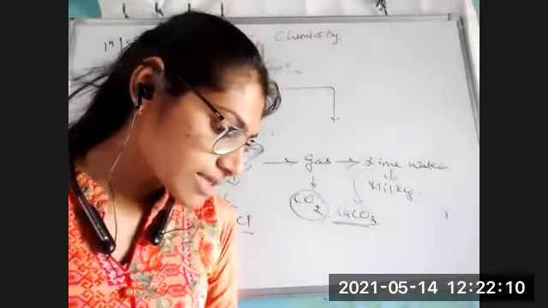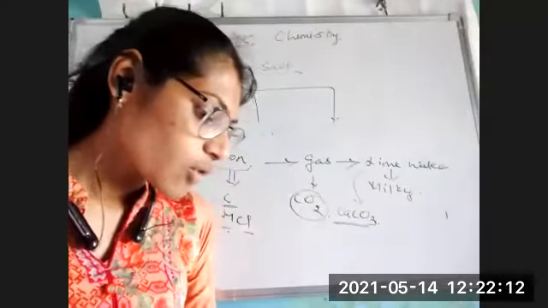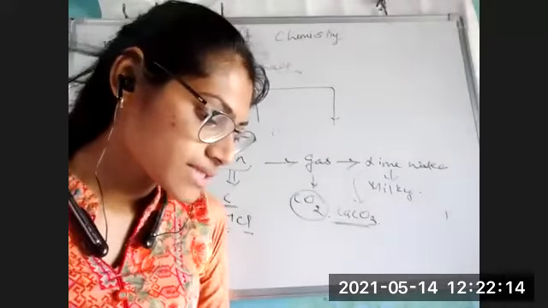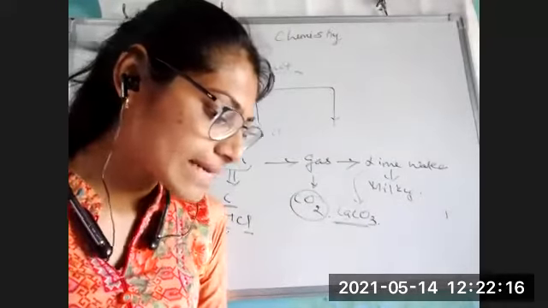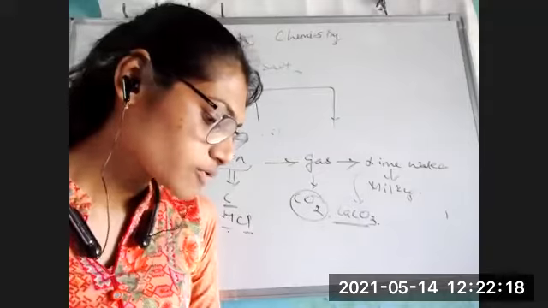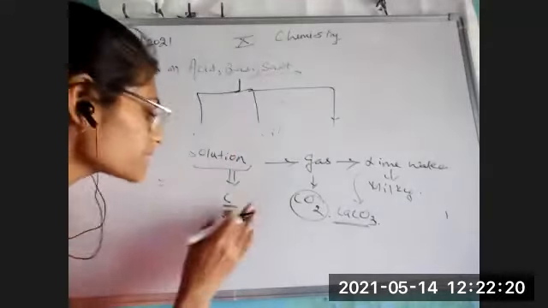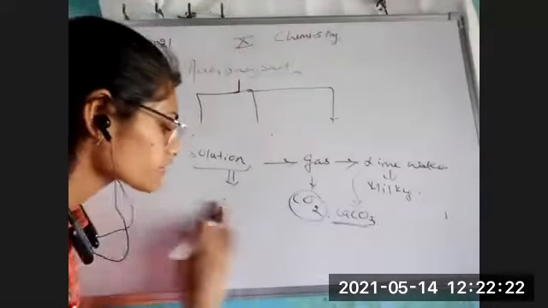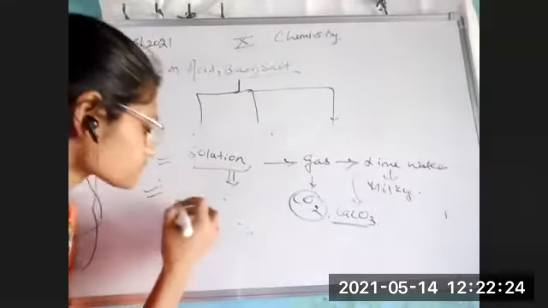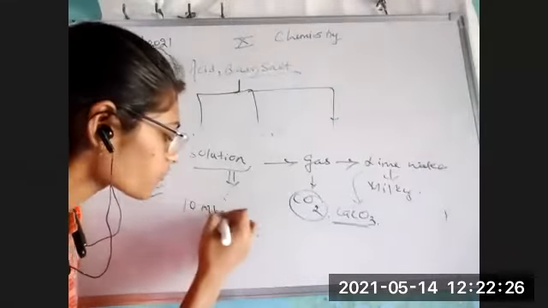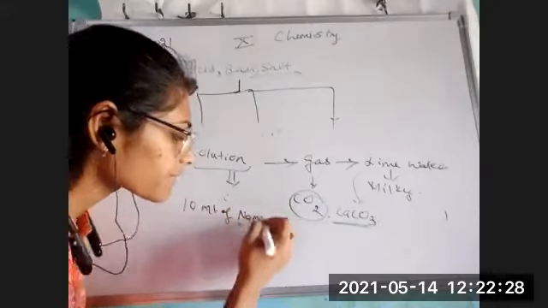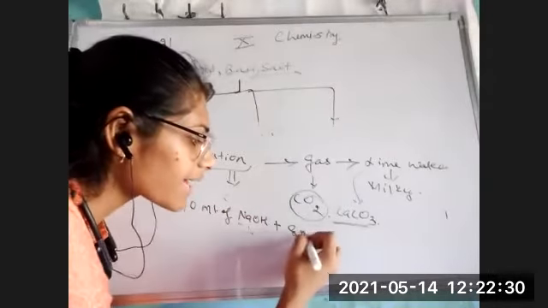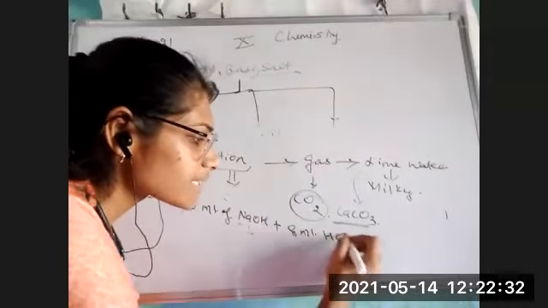The third question is given as 10 ml of a solution of NaOH is found to be completely neutralized by 8 ml of a solution of HCl. That means the third question is that 10 ml of NaOH is reacting with 8 ml of HCl.